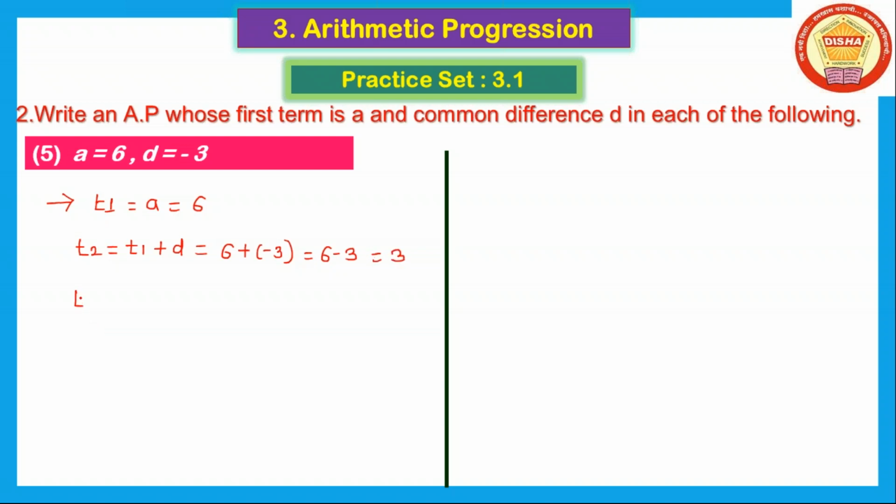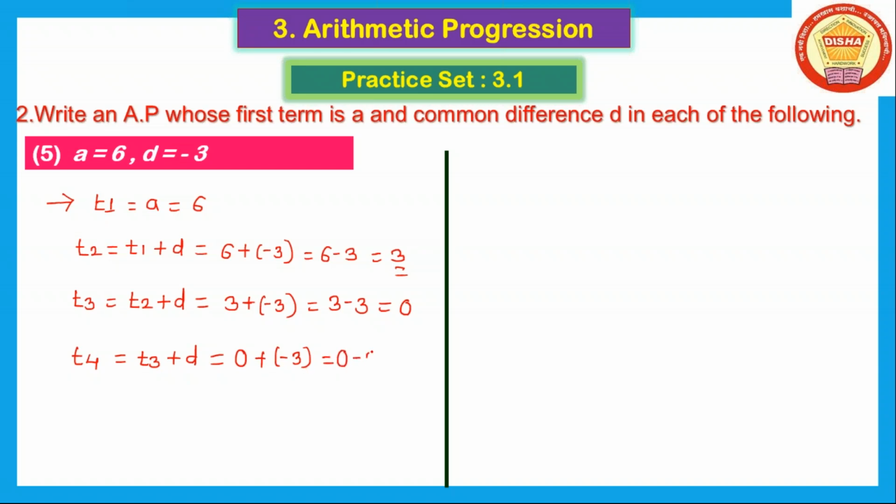Okay. Then we find T3 is equal to T2 plus D. What is T2? T2 is 3. 3 plus minus 3, because the difference is negative 3, means 3 minus 3 is equal to 0. Okay. Then we find T4, which is equal to T3 plus D. What is T3 here? T3 is 0 plus the difference negative 3, means 0 minus 3 is equal to minus 3.